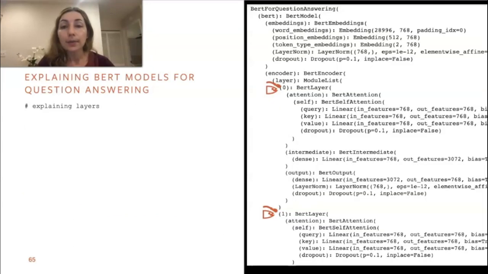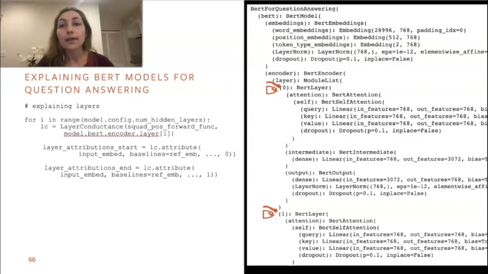Similar to the BERT embedding layer, we can examine all 12 BERT layers using the layer integrated gradients or layer conductance algorithm. In this case, we chose the layer conductance algorithm.